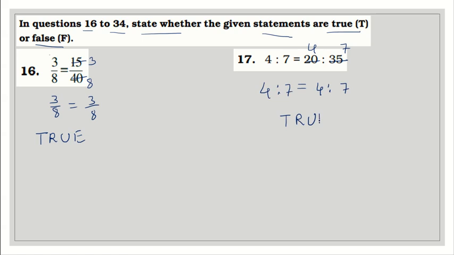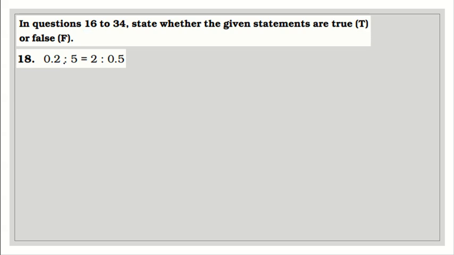We agree with that and write true. Then coming on to the next question number 18, 0.2 upon 5, I am writing, and 2 upon 0.5. They say that they are equal. Whether they are equal or not, we need to identify.